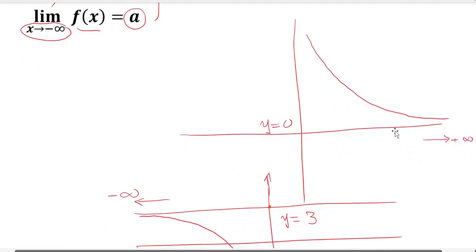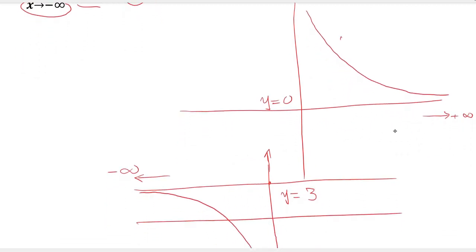Graphically, what that means is if the function, which is here y equals f of x, when you take x to positive infinity, the limiting value is some particular number. Over here this line is y equals 0. So when x approaches infinity, the limiting value is 0, so we say that y equals 0 is the horizontal asymptote.